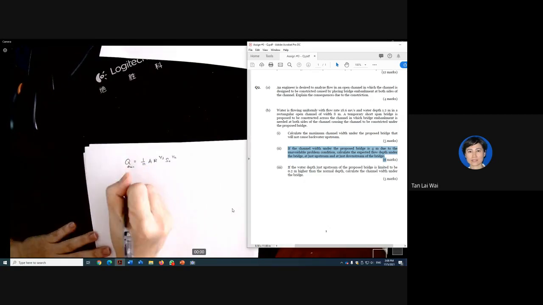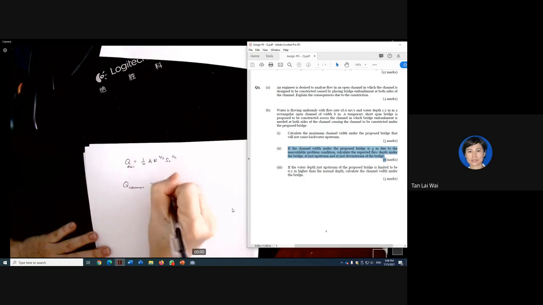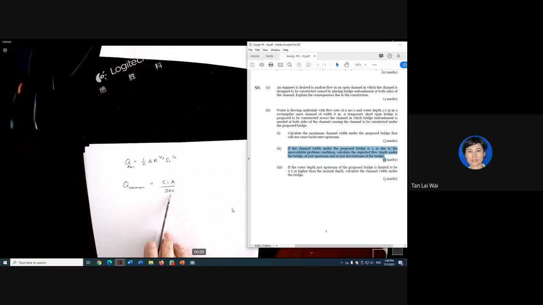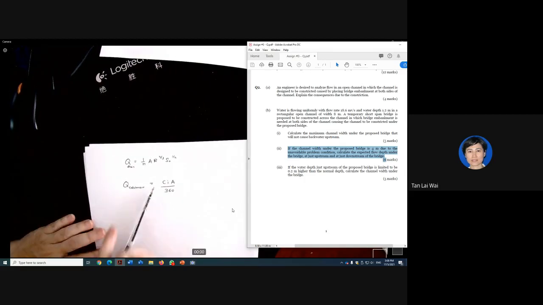You also have this Q of catchment, which is, let's say, you divide by 360. By now you should know the use of division by 360. I normally just put CIA. Right now, you have these two Q.